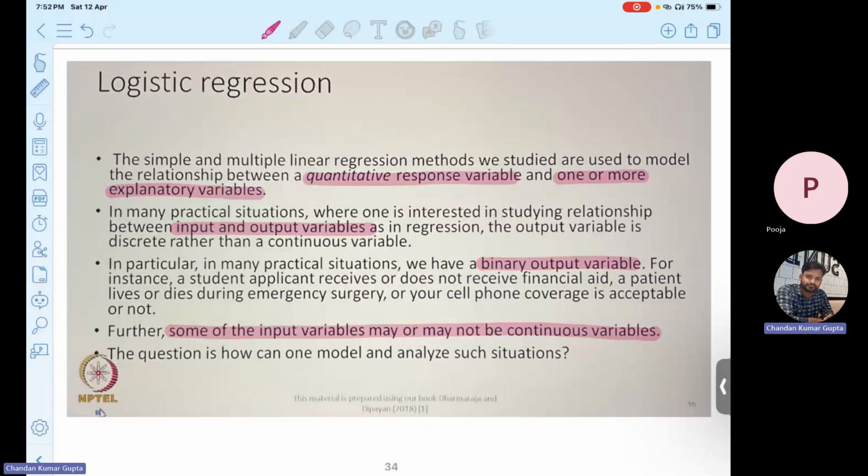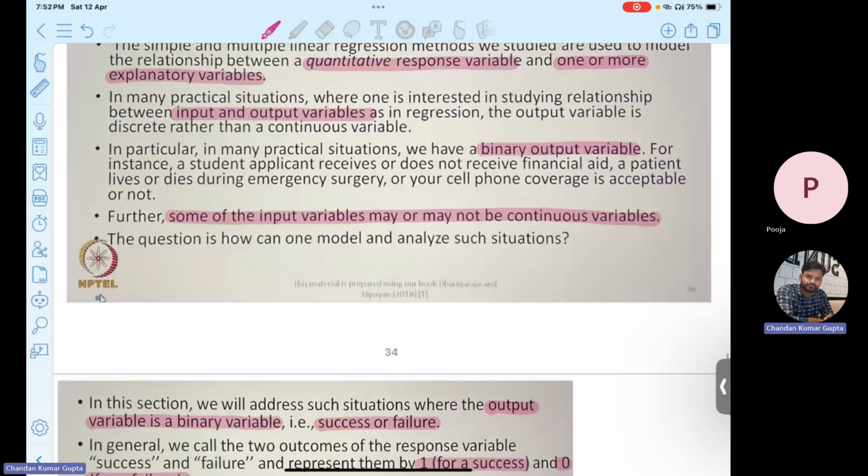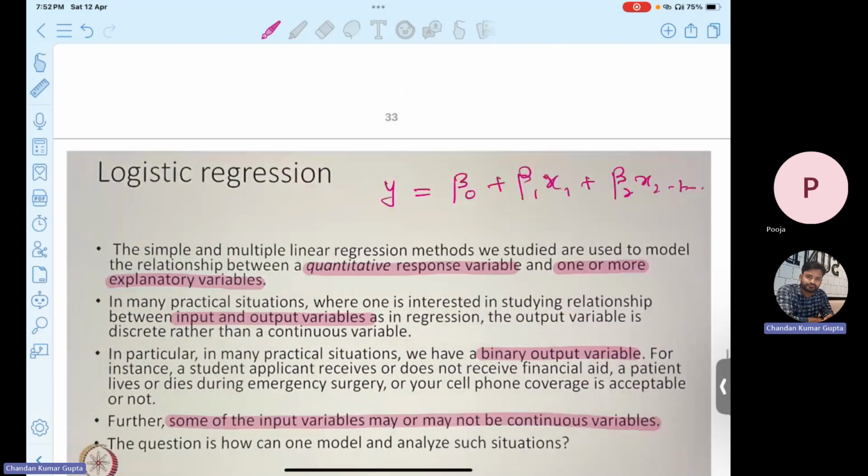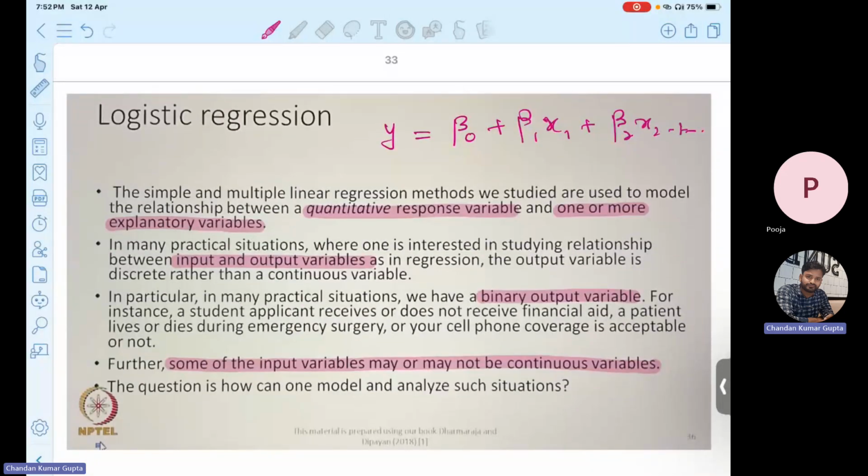We have a dependent variable y and independent variables like beta naught plus beta 1 x1 plus beta 2 x2 plus so on. These independent and dependent variables are quantitative in nature.